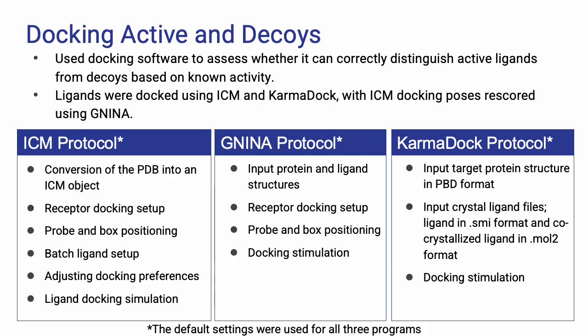Similarly, KarmaDock involved inputting the target protein structure in PDB format and the ligands in SMILES and MOL2 formats, and then executing the docking simulation to generate the poses and scores. Default settings were used across all three programs.